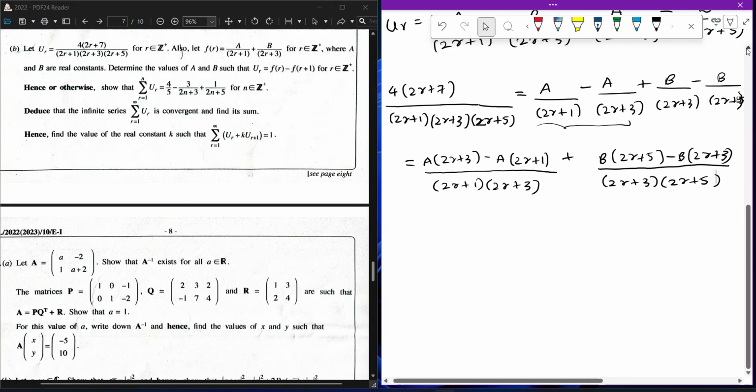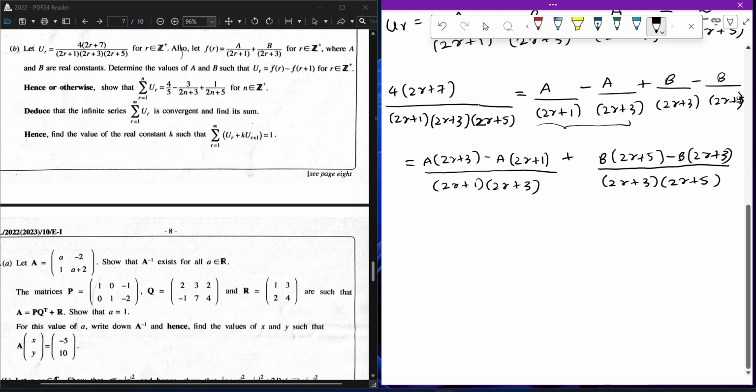Actually this step is not a must, because I wanted to get the u_r in terms of its expression, so it's easy for me to move downwards without going up and checking the expression again and again.